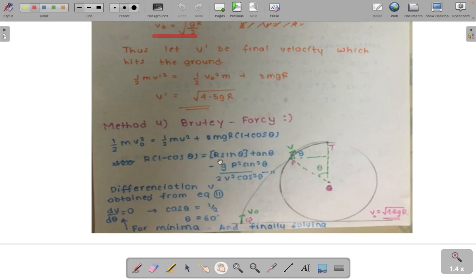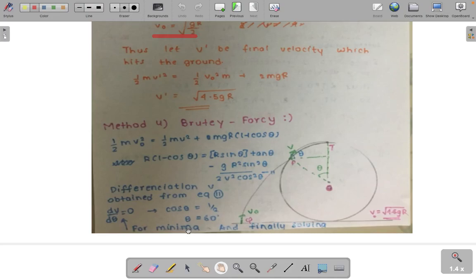After solving this second equation, we would get an equation for v in terms of theta, and since we have to find the minimal velocity, we would differentiate v with respect to theta to find the minima.